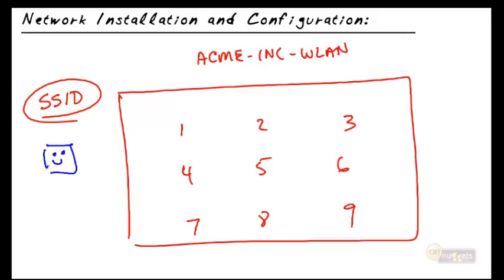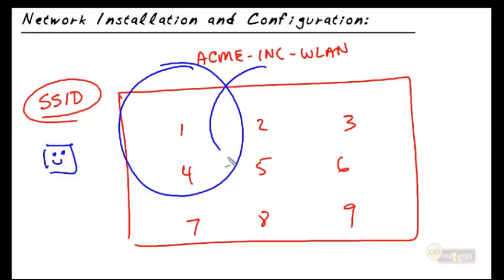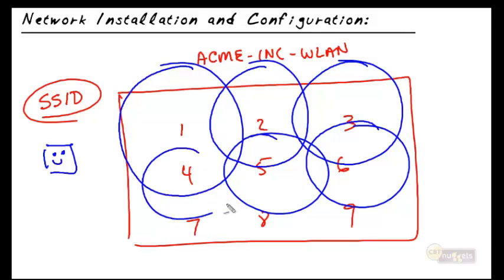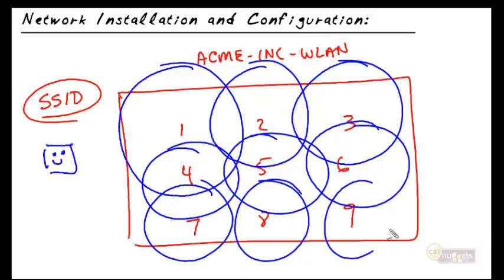So in case in point, access point 1 might cover this, and access point 2 might cover this, and access point 3 might cover this range, and 6 might do this, 5, 4, and then 7, 8, and 9. So there's some overlap. Now how much overlap can there be?